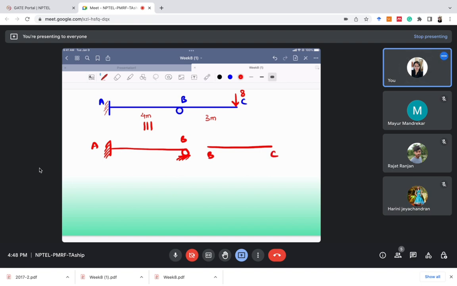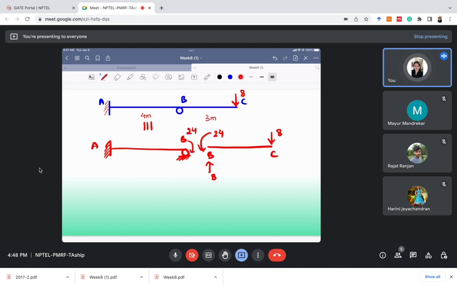For span BC, there is an 8 kilonewton load, if I'm making the free body diagram for span BC only. So this was the 8 kilonewton applied load. Now there will be an upward 8 kilonewton at B, and there will also be a moment here, 8 threes are 24. Then we can shift this load here as 24.